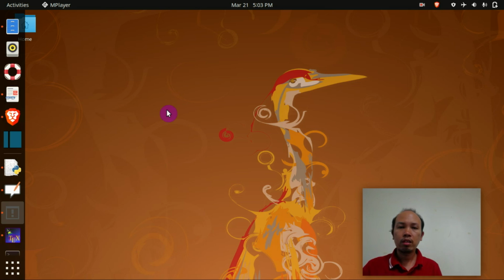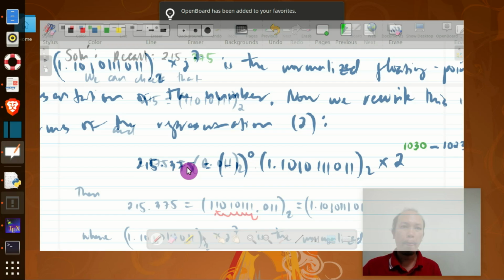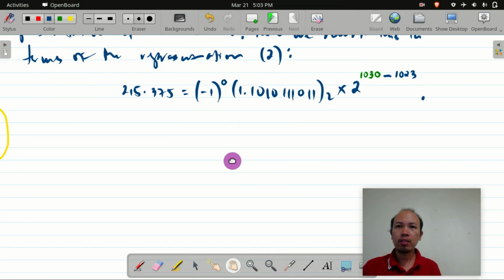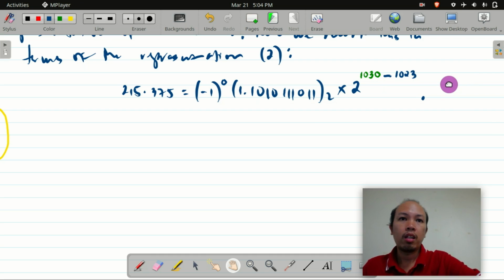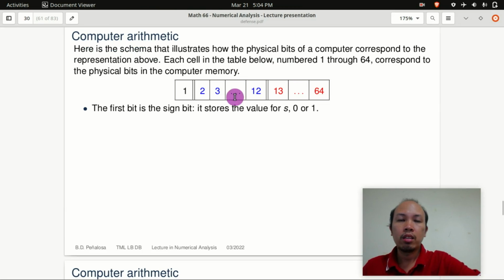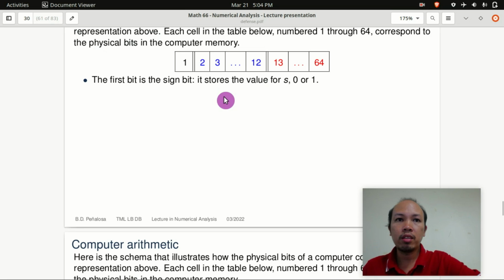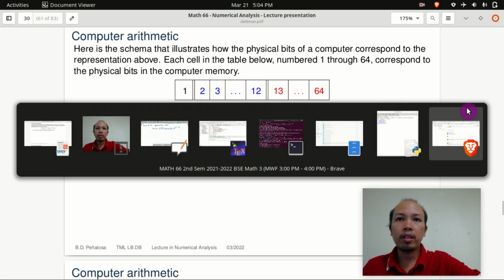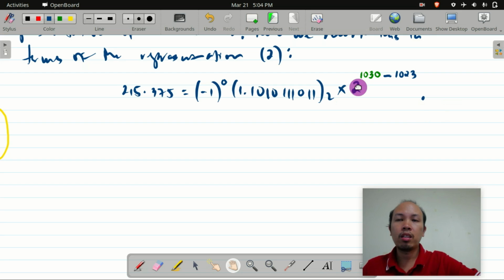To write it in the box, we have to represent 1030 as a binary number. Our E here is the blue bits, and 13 up to 64 is our mantissa. Anyway, let's convert our exponent to a binary number.